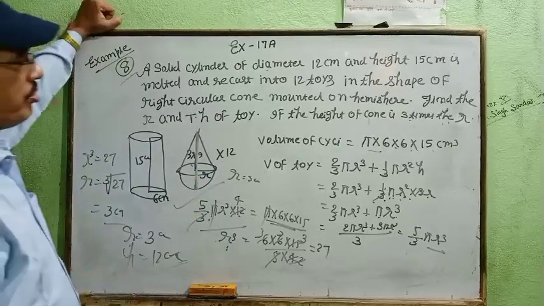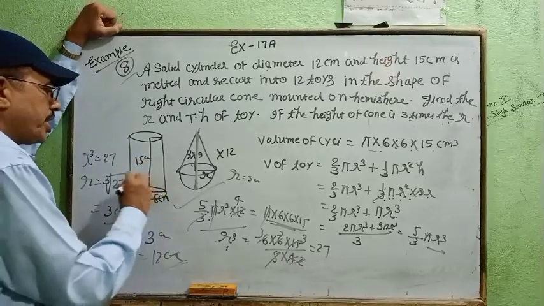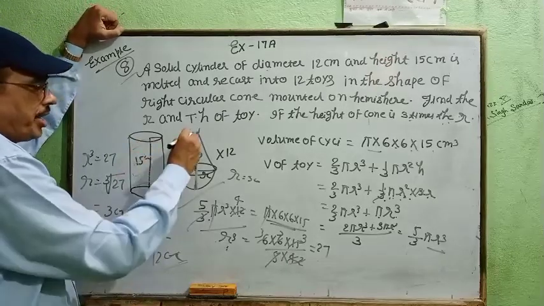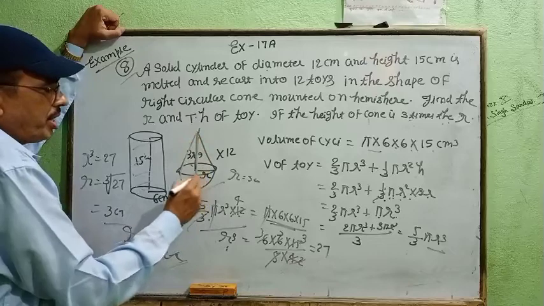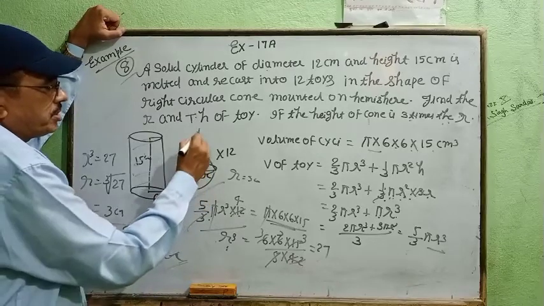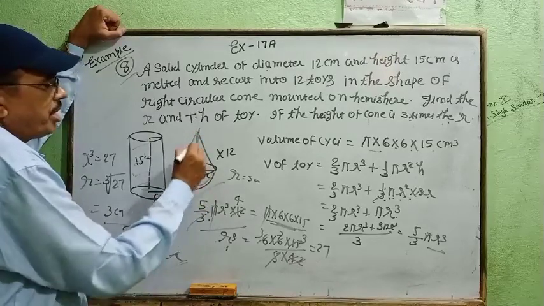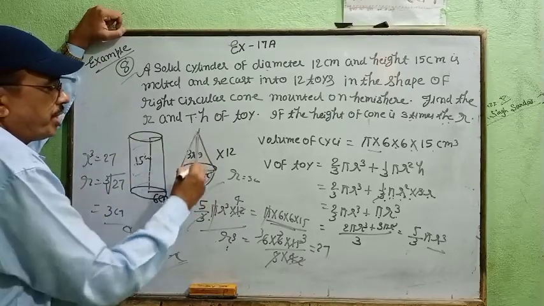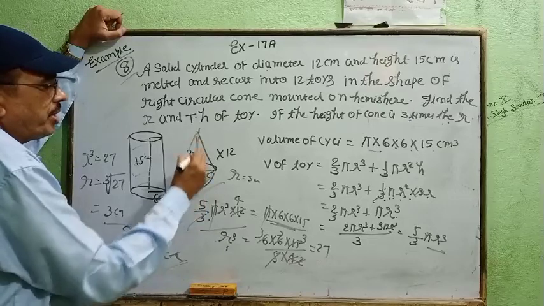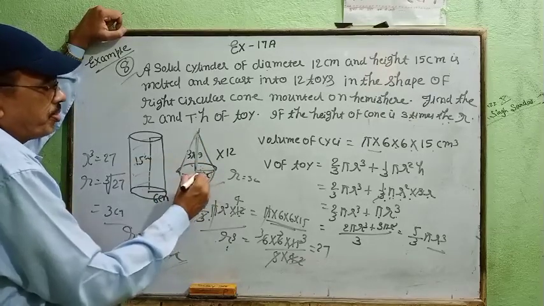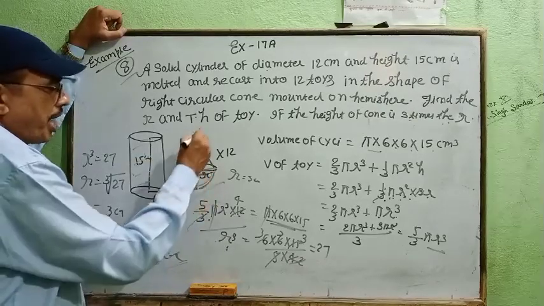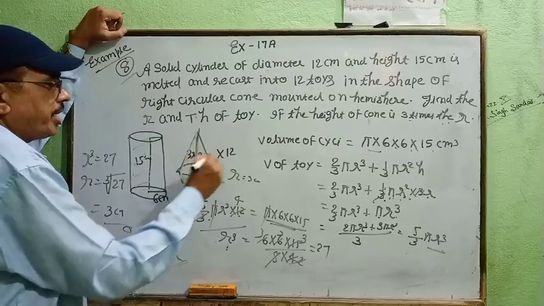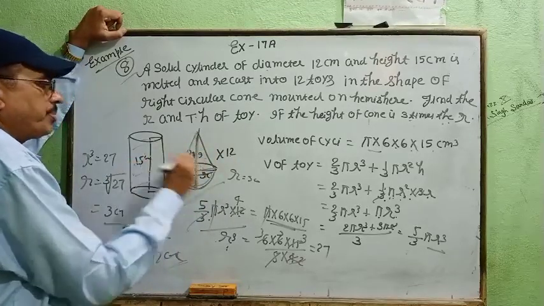So dear student, your question is a solid cylinder melted and recast into toys, and the toy is in the form of a hemisphere with a cone surmounted on it such that the height of the cone is 3 times the radius of the hemisphere. Suppose the radius is r, then the height of the cone will be 3r, and there are 12 toys made with the help of the cylinder.